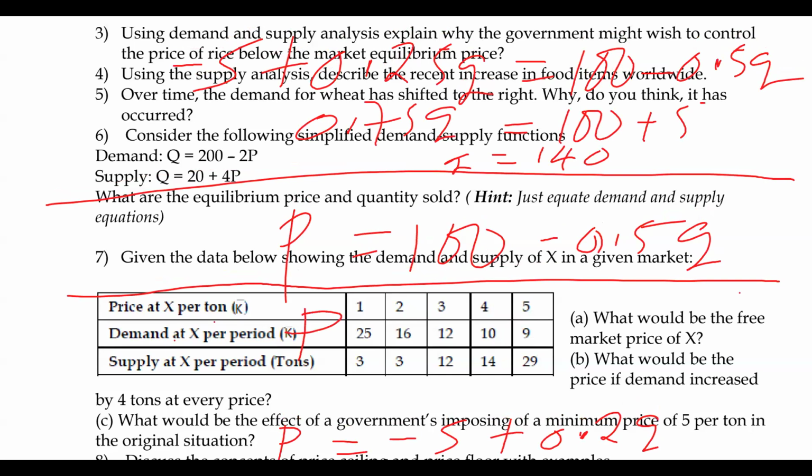With the demand function, you have 100 minus 0.5 times 140. Half of 140 is exactly 70. 100 minus 70 is 30. So price is equal to 30. Making sense, right?